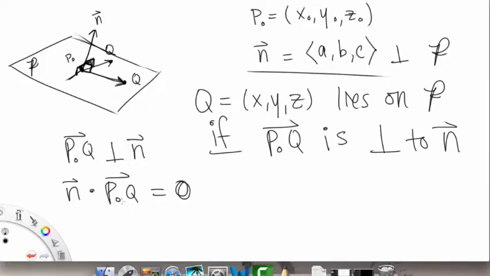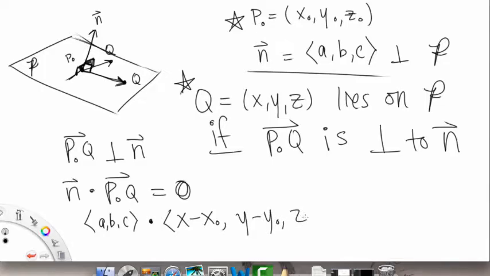Component-wise, this is how you would write it out: a, b, c dotted with P naught Q. To solve for the components of a vector given its 2 points, here's our first point, here's our end point. We take the end point components and subtract off the start point components. So it'll look like this, and lastly, z minus z naught. All of this has to equal 0.